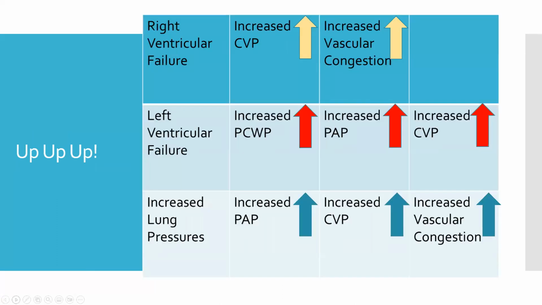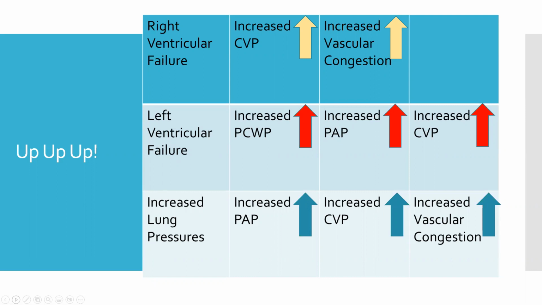These past few slides are really rich with information. Right ventricular failure gives you an idea of what's elevated and why. Right ventricular failure: increase in CVP, increase in vascular congestion. Left ventricular failure: increased pulmonary capillary wedge pressure and pulmonary artery pressure.